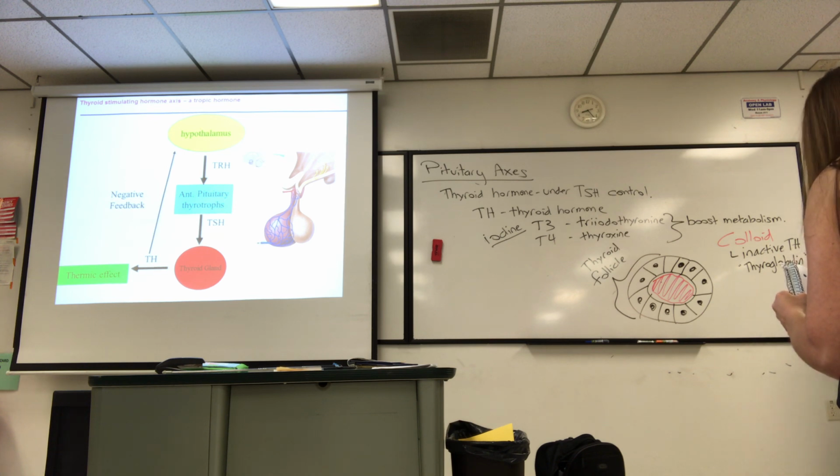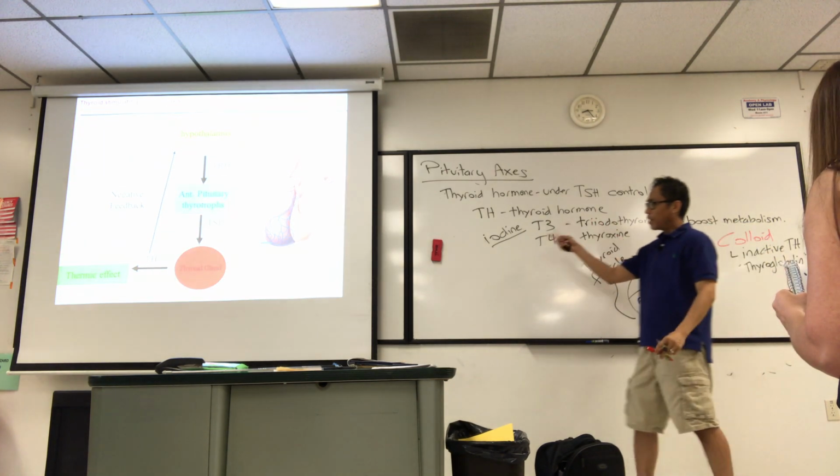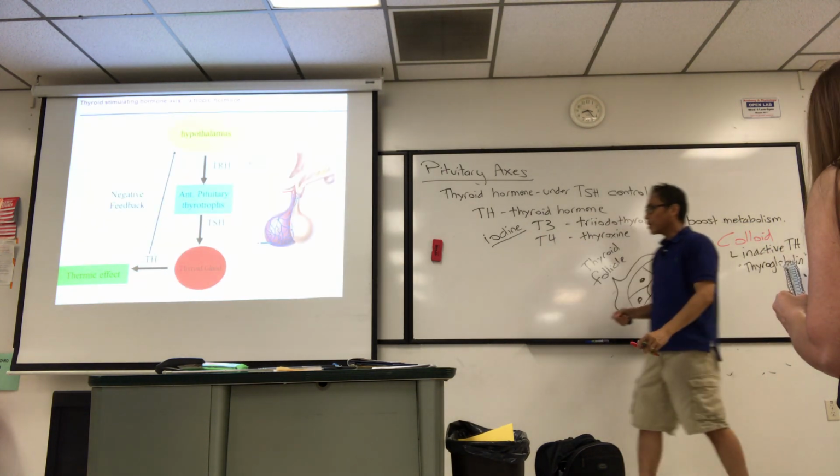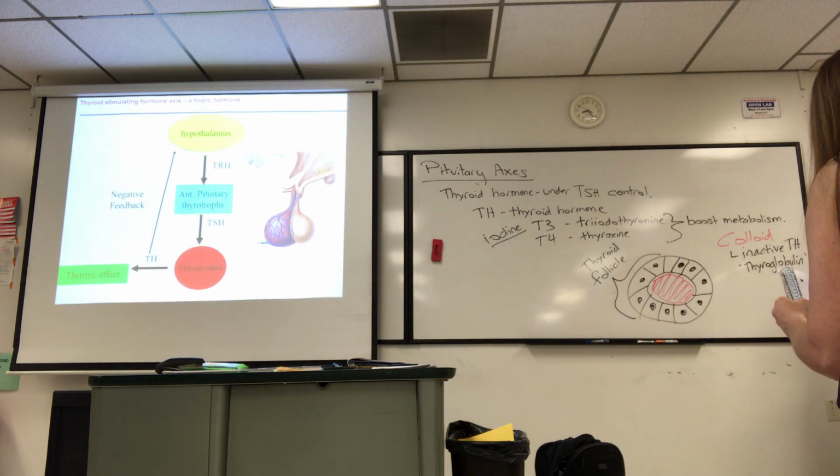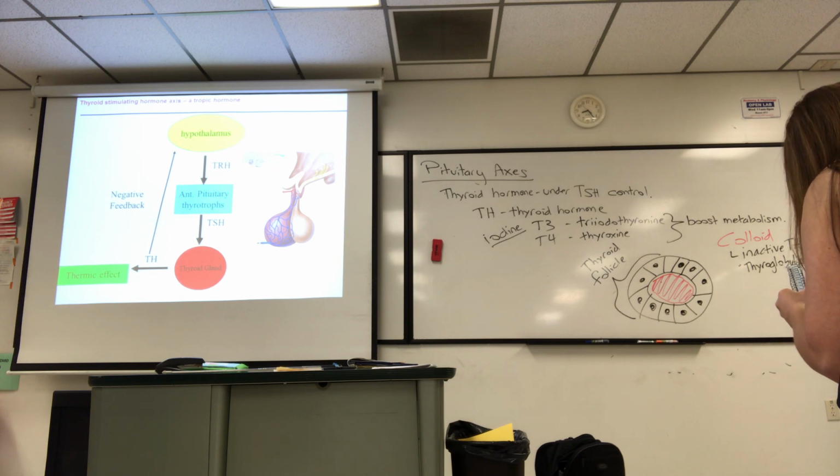The reason why it's inactive, what element does it need? Iodine. The thing about cells, they can't produce elements of the periodic table. They can only make proteins. So they can make thyroglobulin, which is a globular protein, but they can't make the iodine. So you have to get it from your diet, like table salt, right?